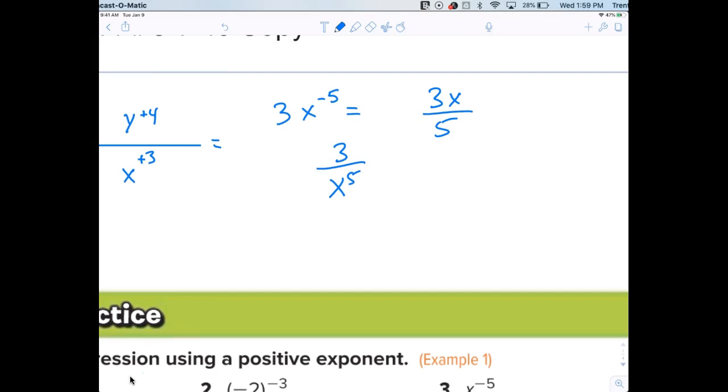So for that question, because it looks like 3 times negative. How do you pronounce that question? That is 3x to the negative 5th power. That's an x. In math now, we're never going to use an x as multiplication, ever.